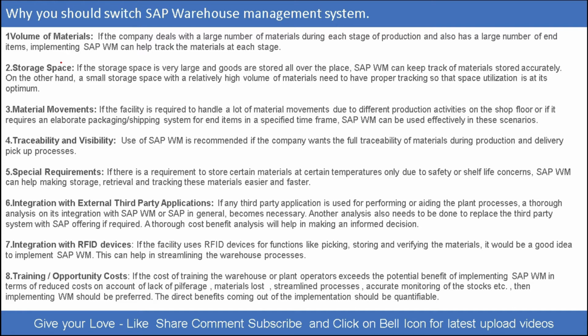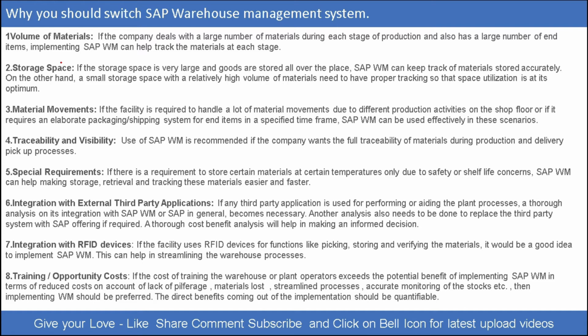Training and opportunity cost. Basically it means that every time a new person comes, you need to explain each and everything about warehouse management, your warehouse concepts and everything. But if you have a system implemented, then it will be very easy for him to get trained quickly on the SAP WM system, because you just need to give him system knowledge, and the rest, since he has been working for a long time, he can easily understand the concepts and get into the work quickly.